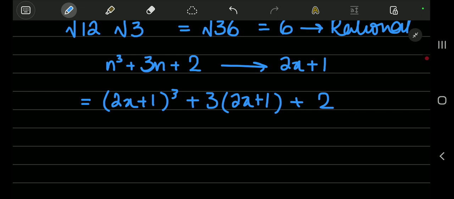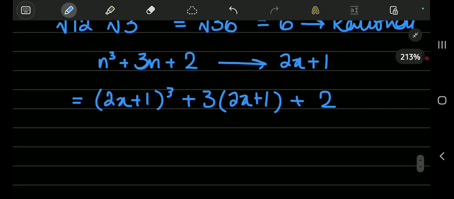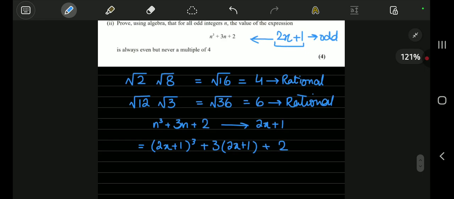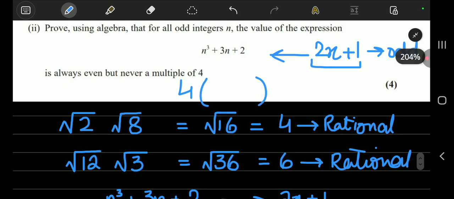It should always be even but never a multiple of 4. That means it should be even, but not a multiple of 4. So it should be 4 times an expression plus 2. So it must be even, but it should never be 4 times something.